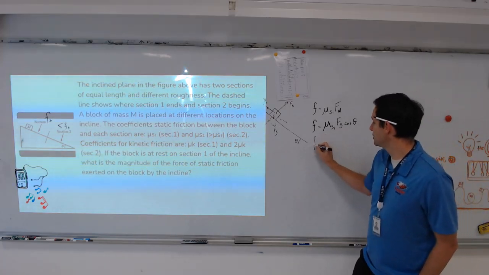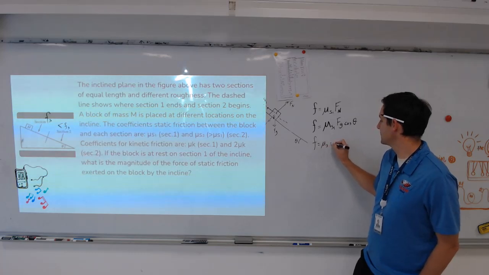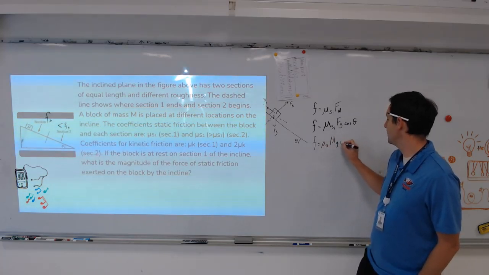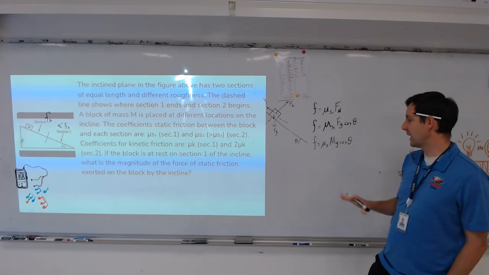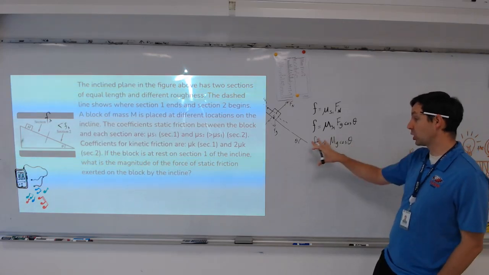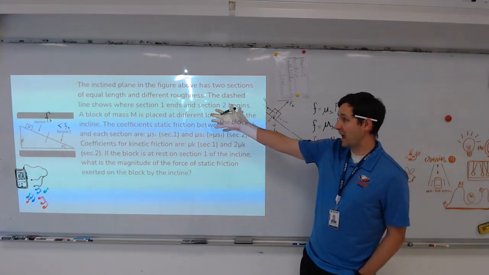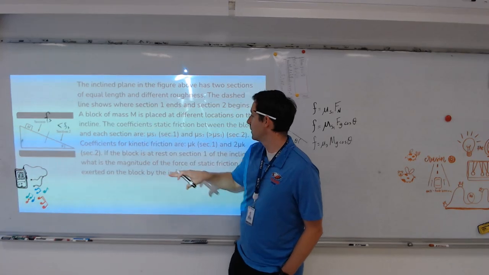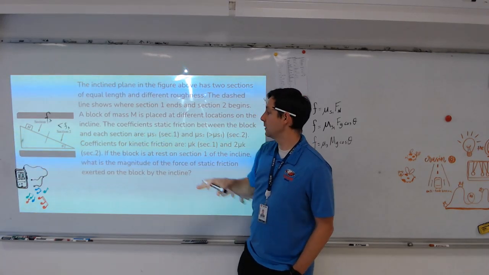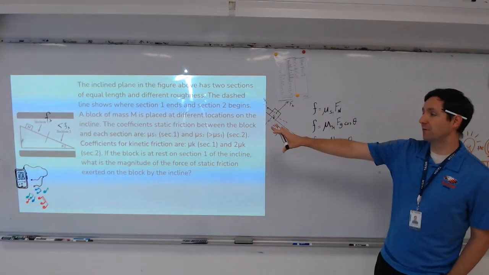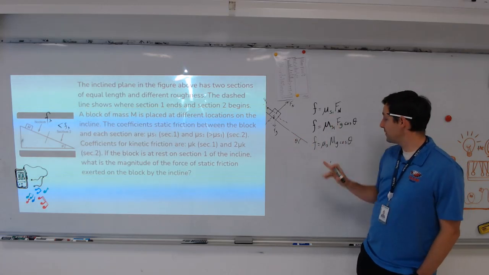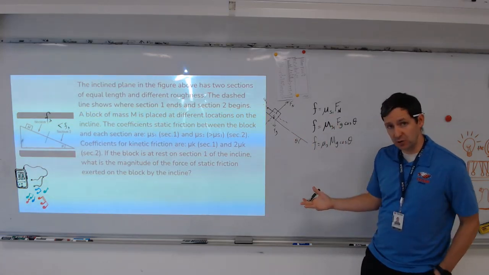So we'll go friction equals mu s mg cosine theta. That allows me to do friction in terms of things that I have here, the mass m, the mu s, right? Everything is in terms of things that are given to me in the question, with the exception of g, which is a universal constant.